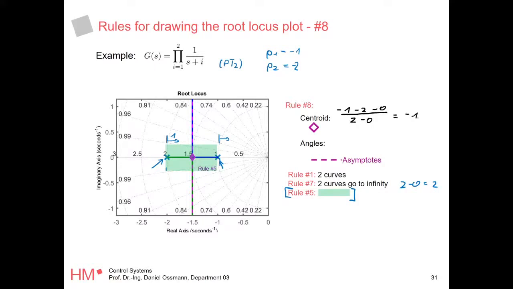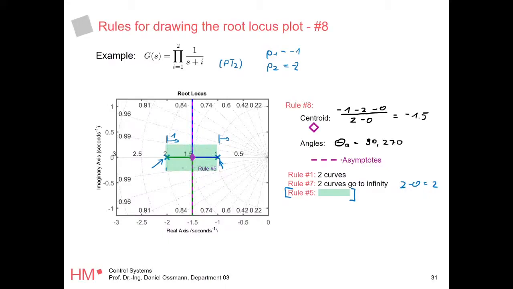So we get -1.5 as our centroid, and the angles we have are basically, so we go from 0 to 1, so we get 90 degrees and 270 degrees, right? This is what you see here. I think we did that example last time. Yeah.